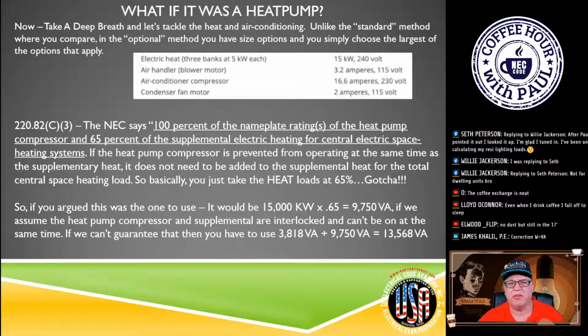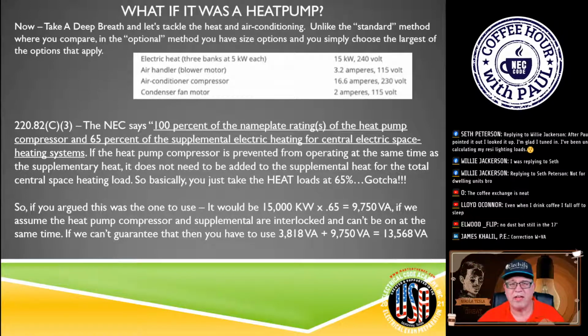We're looking at 100% of the nameplate rating of the heat pump compressor and 65% of the supplemental electric heat for the central electric space heating system. Again, in this case, we argue it would be 15,000 times 65% equals 9,750, if we assume the heat pump compressor and the supplemental are interlocked and can't be on at the same time. If we cannot guarantee that, then again, it would be the value from the air conditioning compressor, okay?